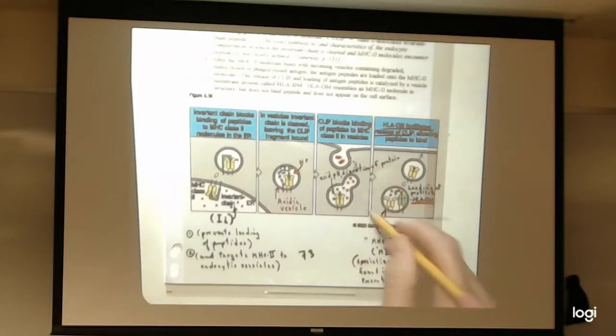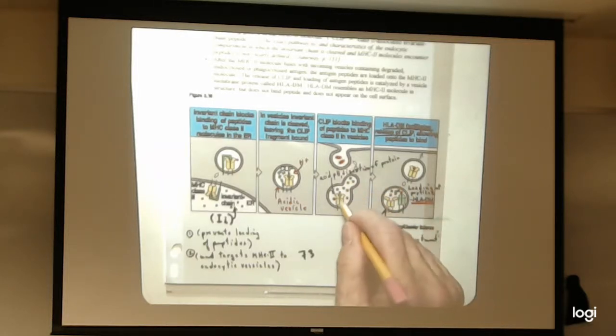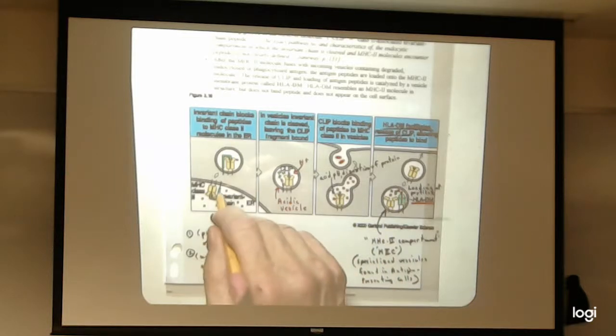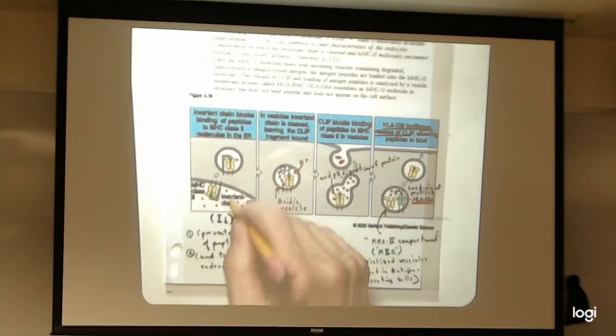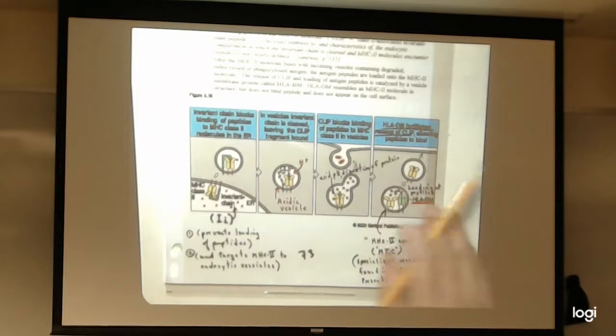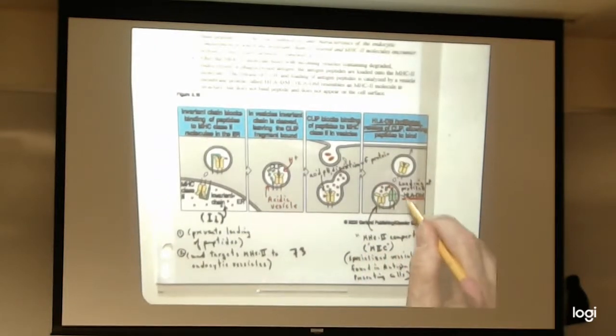And now, up till now, I didn't tell you that there's another protein that's following the class 2 molecule in this pathway. It's a molecule called HLA-DM.